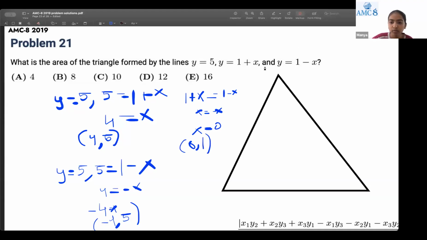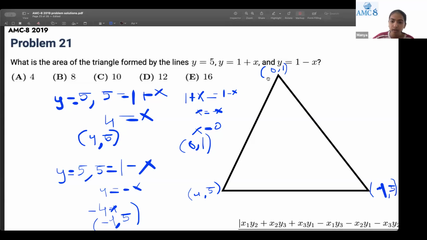So it's 0, comma, 1. It is 4, comma, 5. And it is negative 4, comma, 5.